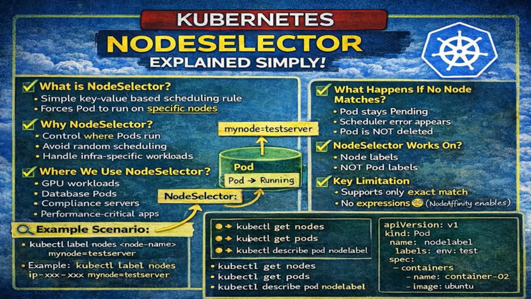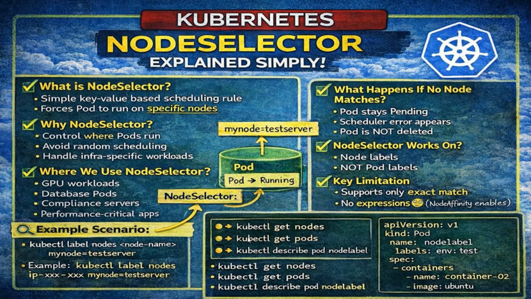Okay, all right. Let's wrap this up with a quick summary. What did we learn today? What is a nodeSelector? It is a simple label-based mechanism to control pod scheduling. Why do you need it? Because automatic scheduling does not understand your business requirements, so that is where nodeSelector is used.